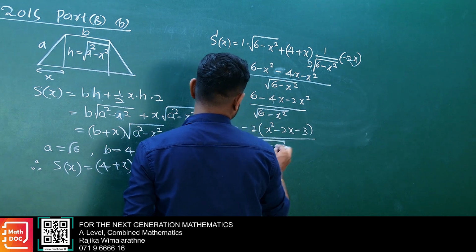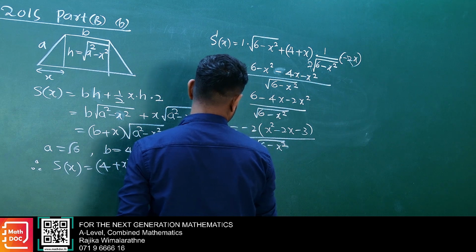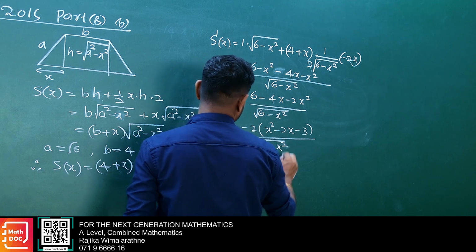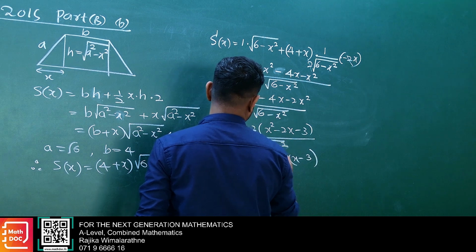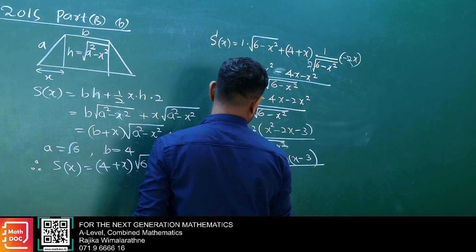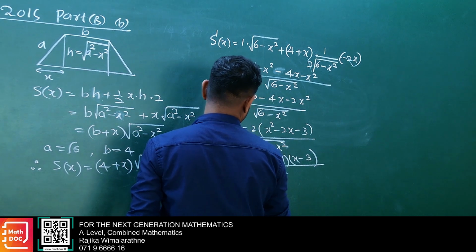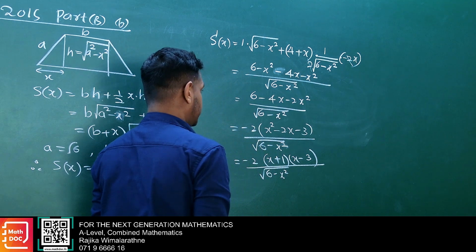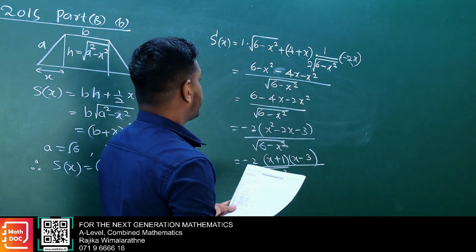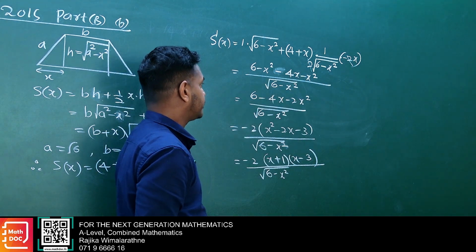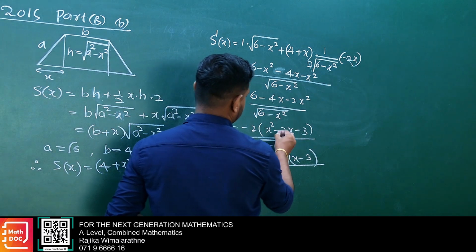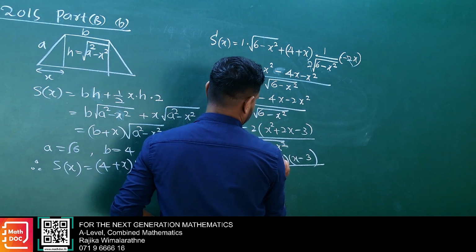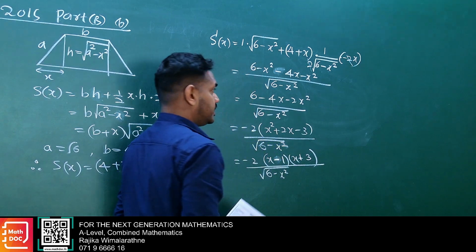Better to factorize this because we have to check signs. Then minus 2, two factors there: X plus 3 and X minus 1.